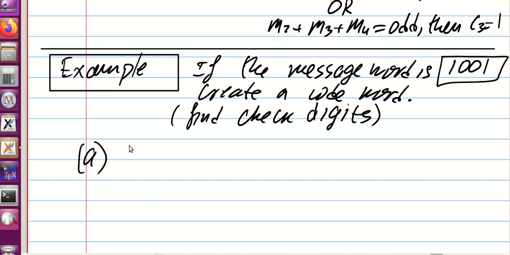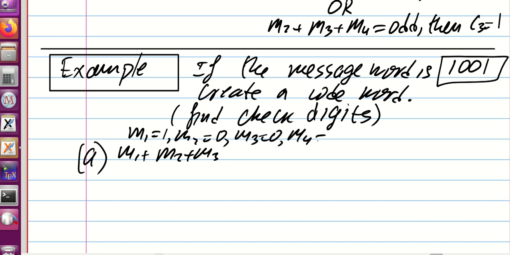So part A, first circle is M1 plus M2 plus M3, but maybe we should write what M1 is. M1 is 1, M2 is 0, M3 is 0, and M4 is 1. So part A tells you, take the first circle, M1, M2, and M3. So we have 1 plus 0, which is 1, which is odd, which means C1 has to be 1.